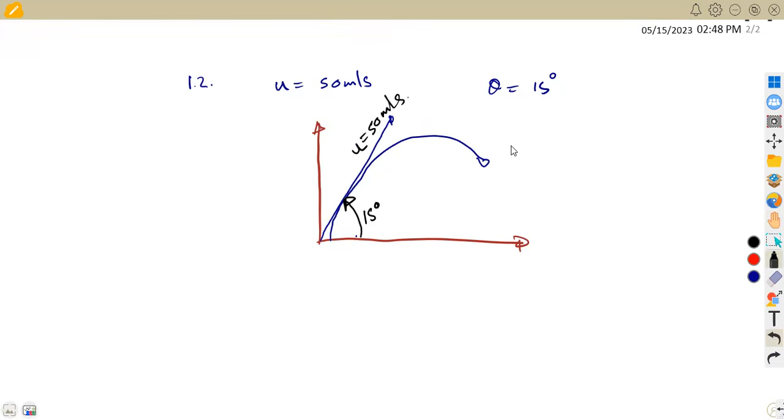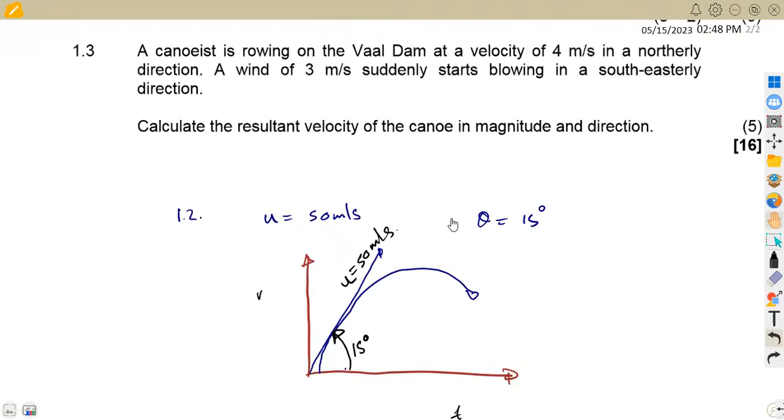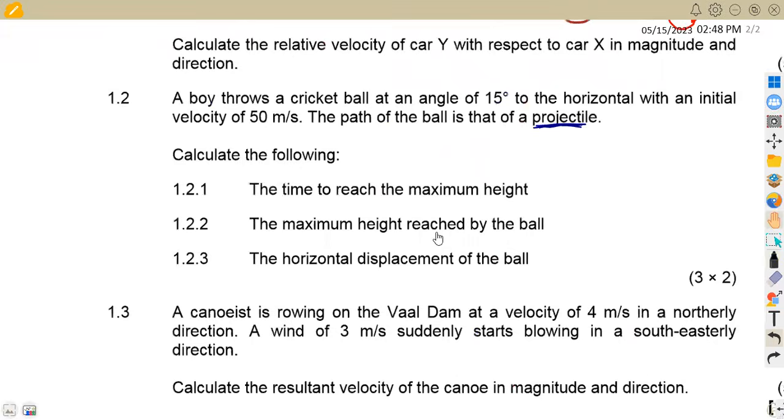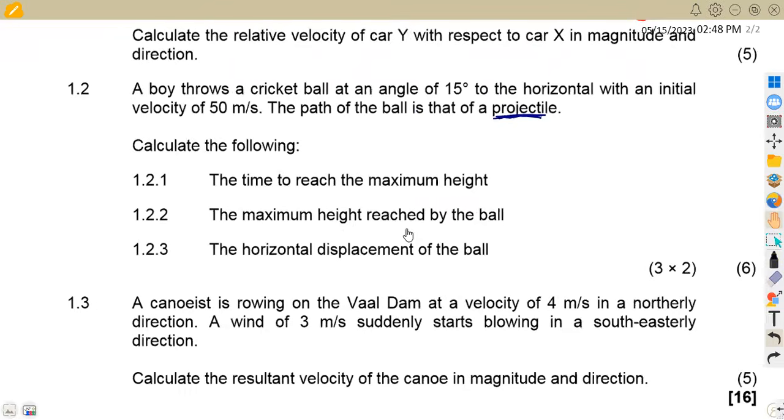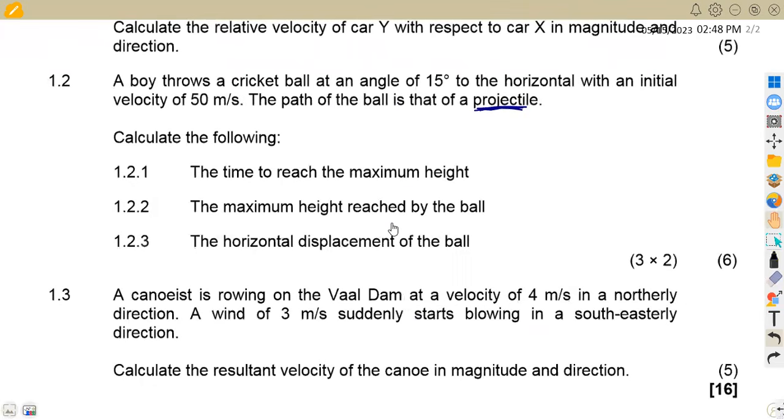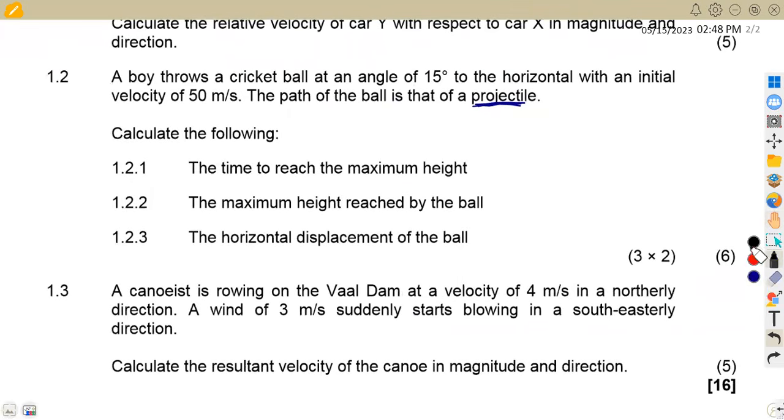This is just a graphical presentation that you can have with your velocity versus your time in seconds. So what are we given on the first part of the question? This is to calculate the time to reach the maximum height. Take note here, we need the time to reach the maximum height.